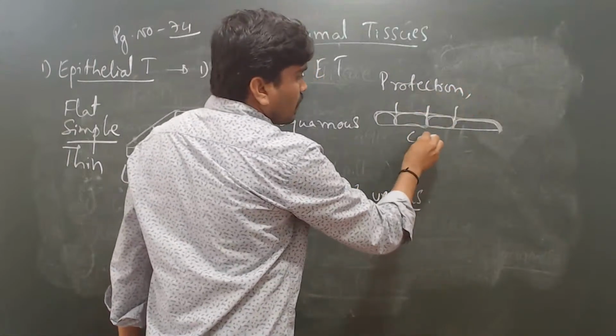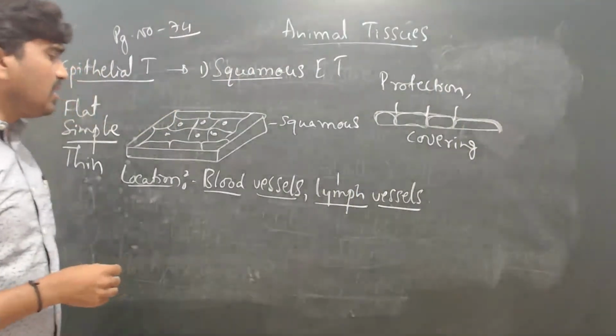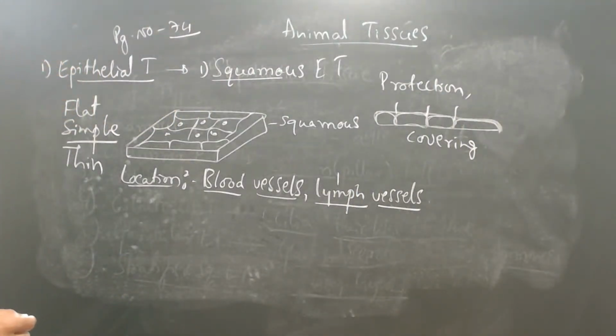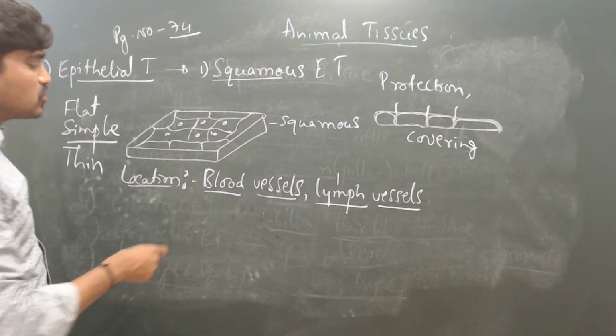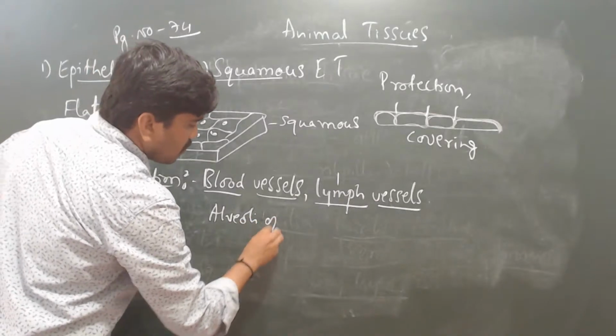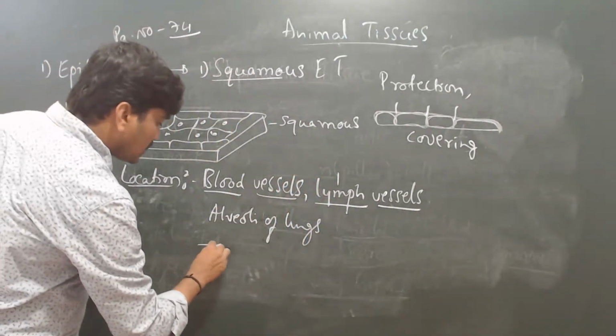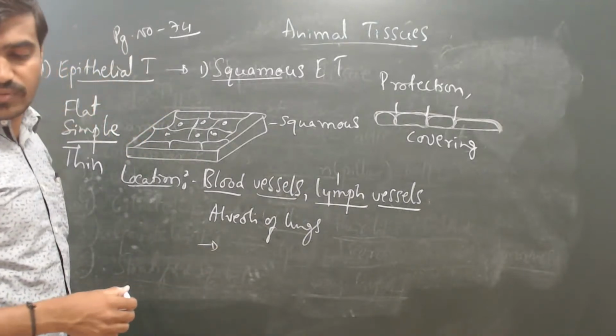Another function, covering. Present in which parts? Blood vessels, lymph vessels, and it is also present in alveoli of the lungs and nephrons of the kidney.